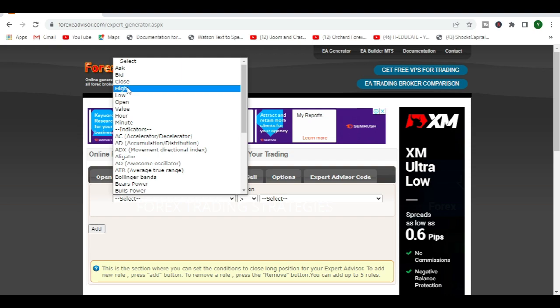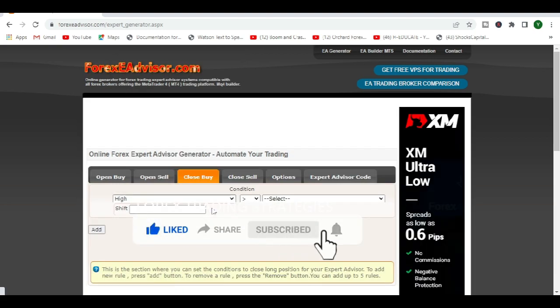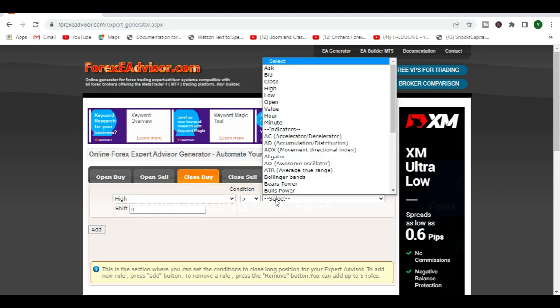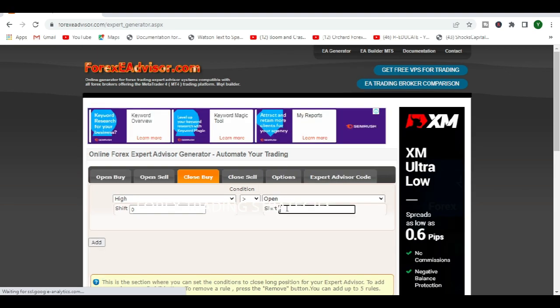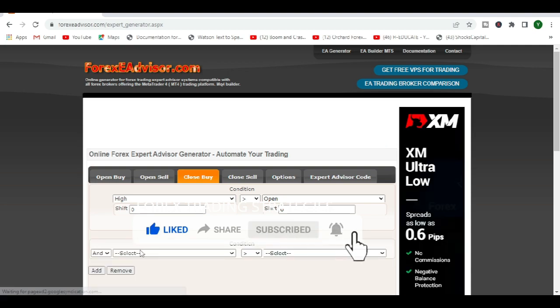So we are going to look at the previous candle high, which needs to be greater than the current candle open. Again, we just put a 0 there. You can play around with these things.